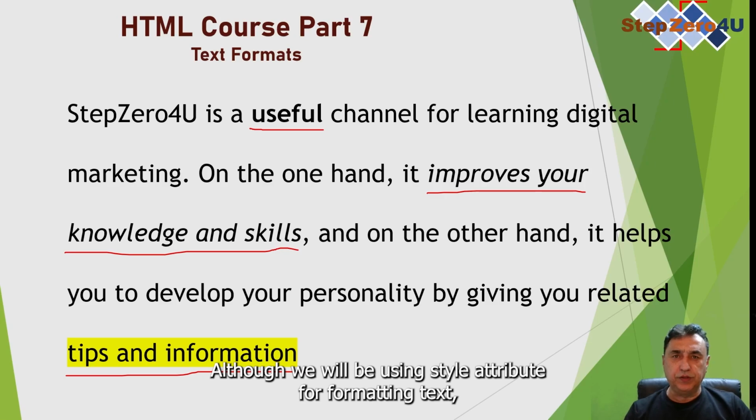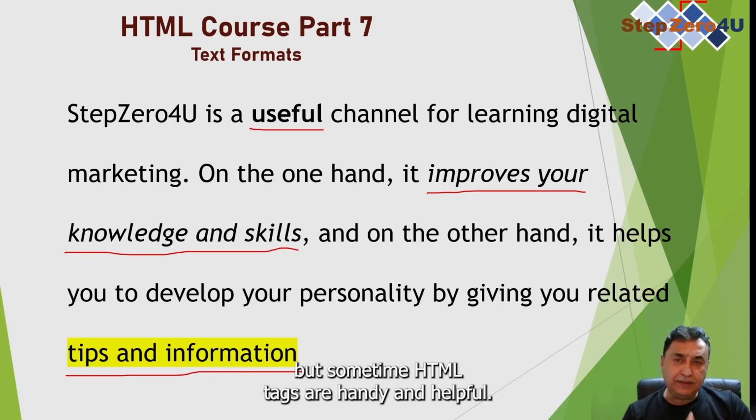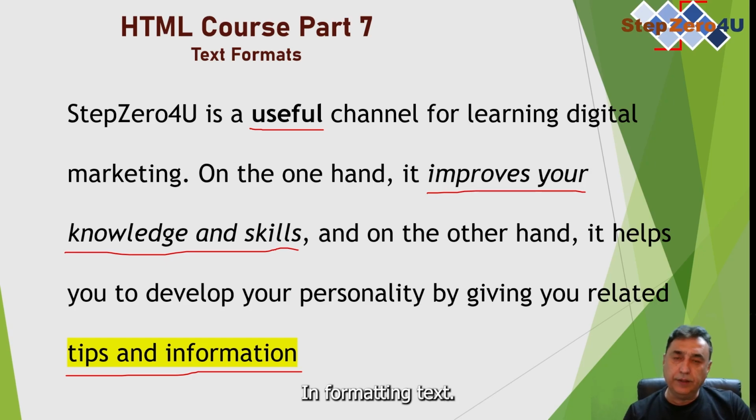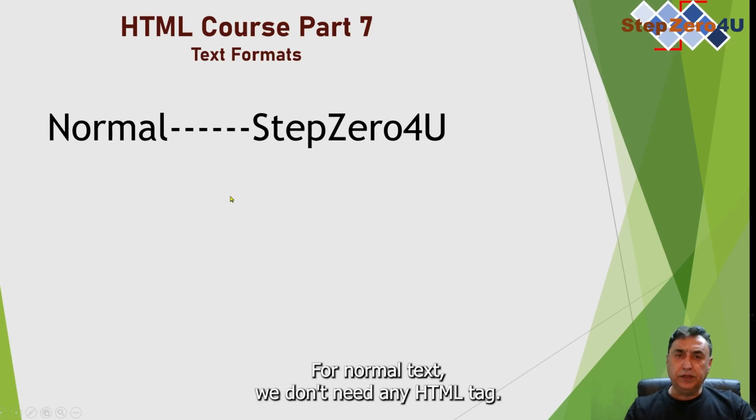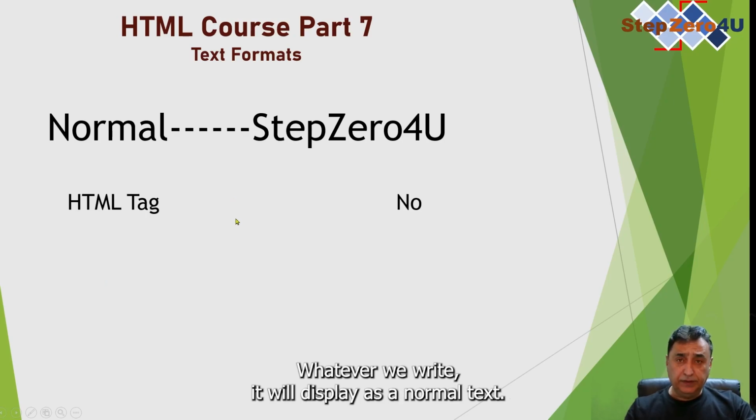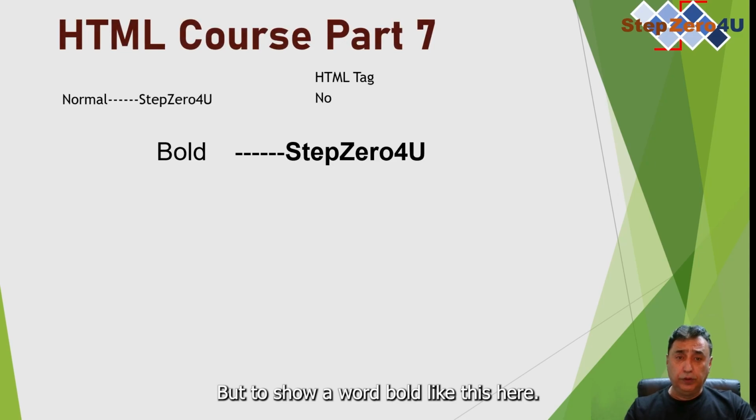Although we will be using style attributes for formatting text, sometimes HTML tags are handy and helpful in formatting text. In HTML, for normal text, we don't need any HTML tag. Whatever we write will display as normal text. But to show a word bold like this, here, step 0 for you, here is bold.